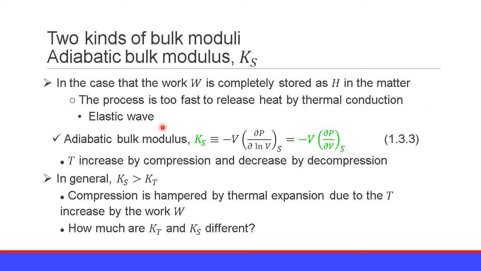The typical situation is the elastic wave. The bulk modulus in such a situation is referred to as the adiabatic bulk modulus Ks, which is defined as minus V times the partial derivative of the pressure with respect to the volume V at constant entropy S, equation 1.3.3.